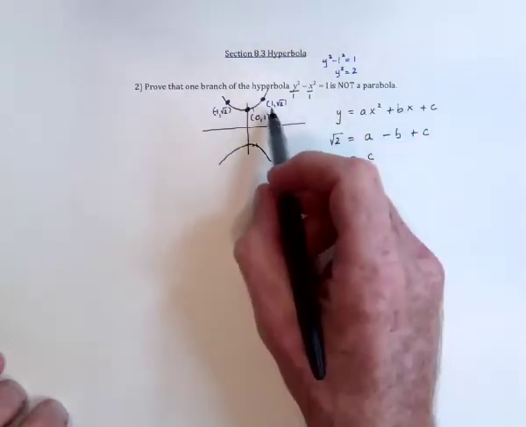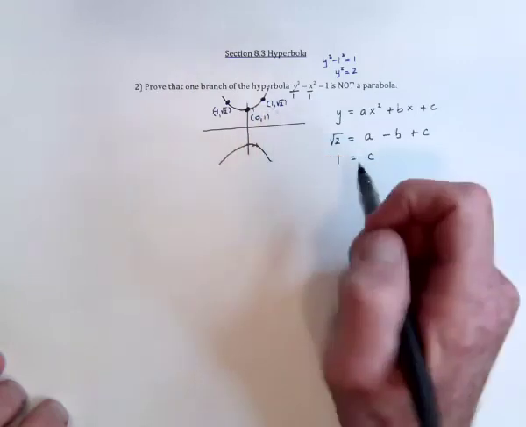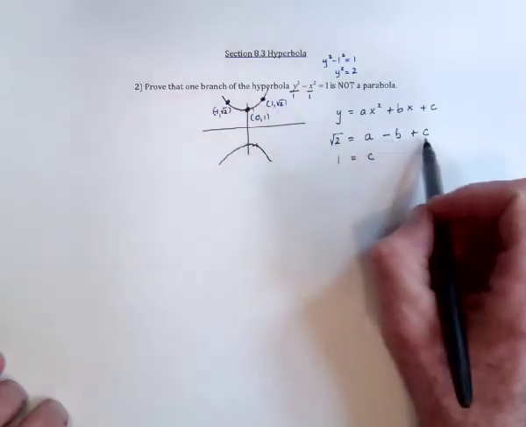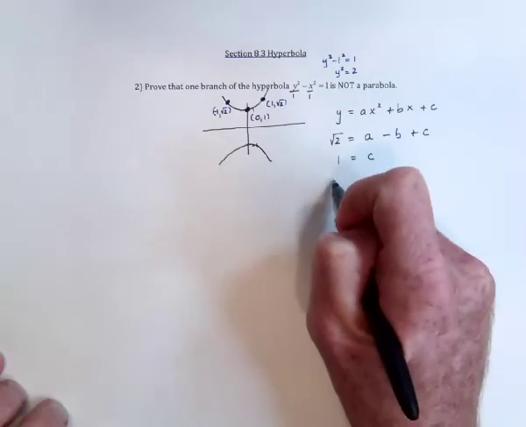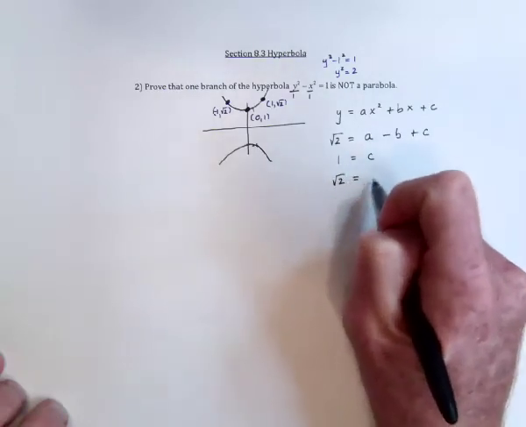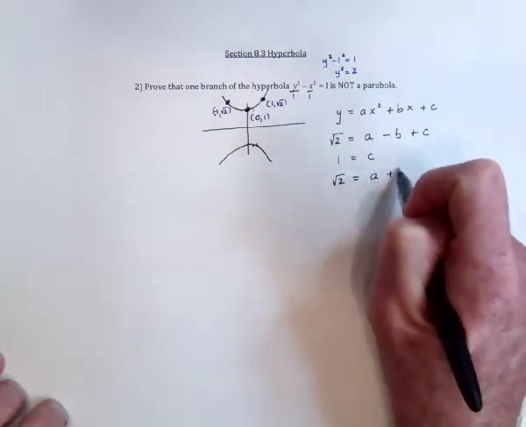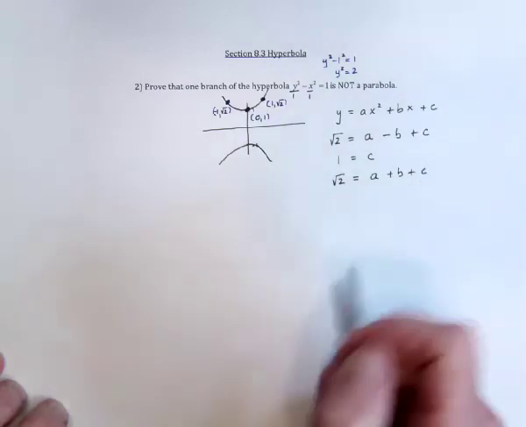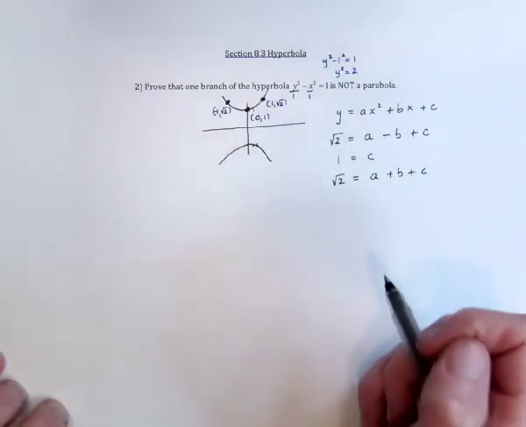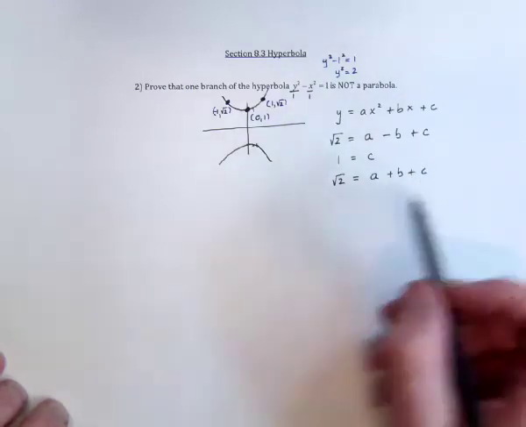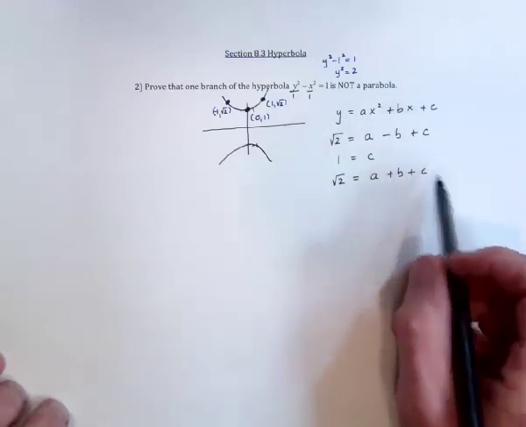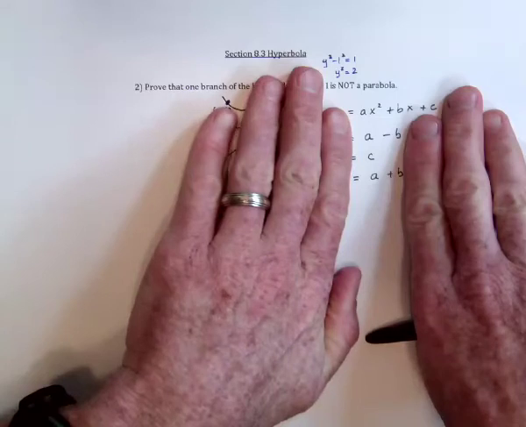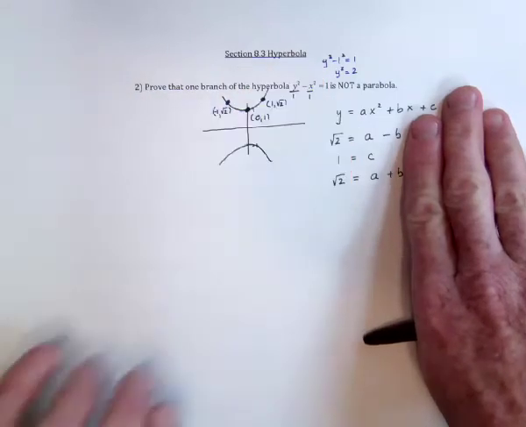And then for this one, it would look like this equation except be positive. Everything would be positive. So there's the square root of 2, and then a plus b plus c. And then we can use the fact that c is equal to 1, substitute that right here and right here. And then if you add the two equations together, the b's are going to cancel.